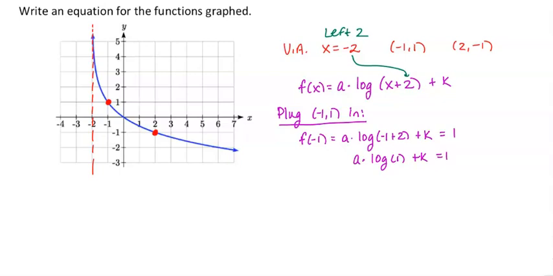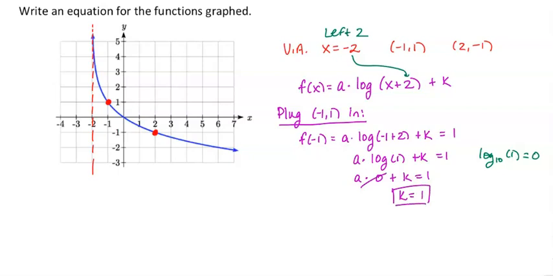Well, the log of 1, think about what this is saying. This is log base 10 of 1. So 10 to what power is equal to 1? Well, it's 10 to the 0 power. So we have a times 0 plus k is equal to 1. A times 0 is just 0, so this tells us that k is equal to 1.